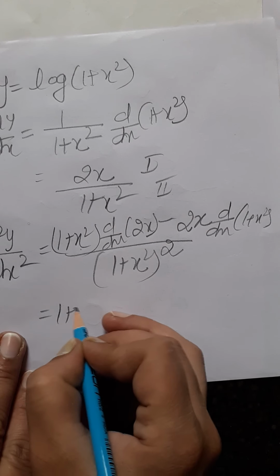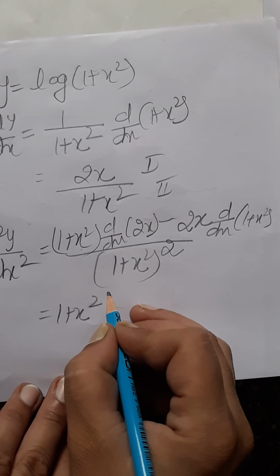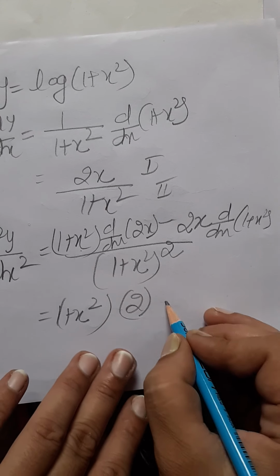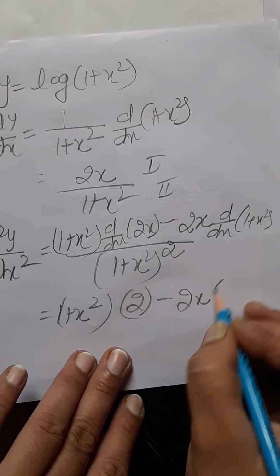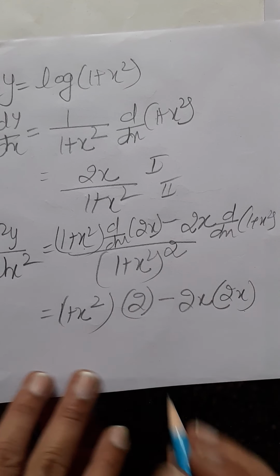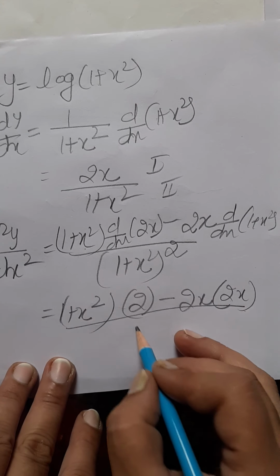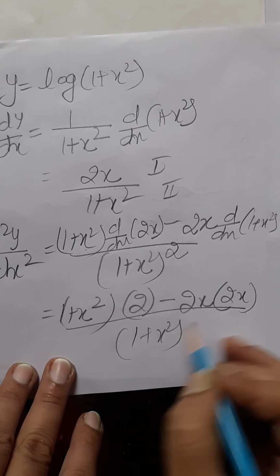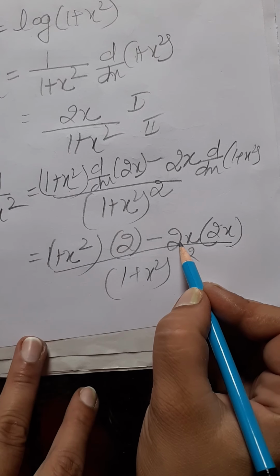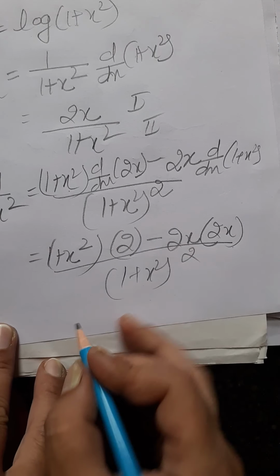In this way we get 1 plus x square times the derivative of 2x, which is 2, and then 2x as it is times the derivative of 1 plus x square, which is 2x. Now if we solve it, multiplying 2x by 2x we get 4x square.